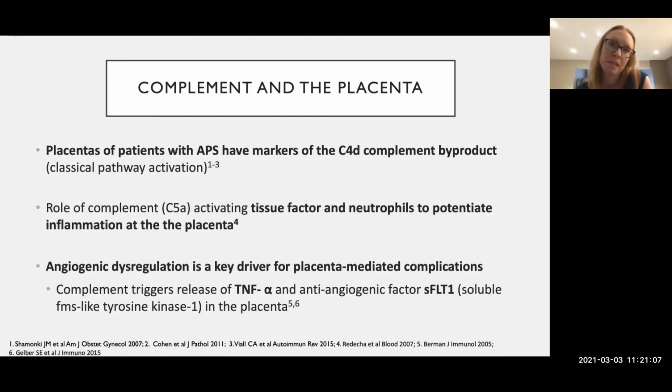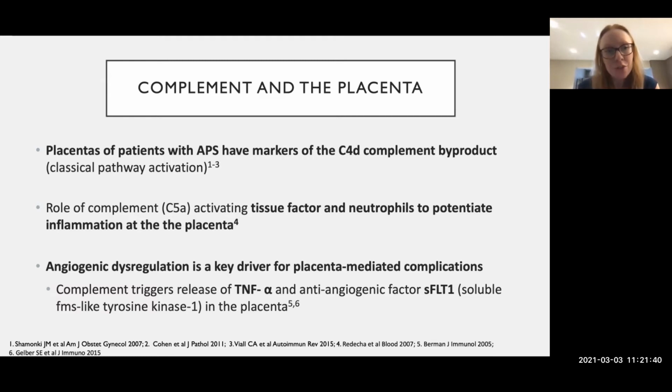What about from the obstetric side? We have seen that placentas of patients with APS have markers primarily of C4d, a byproduct of the classical pathway activation. This has been in many studies, including summaries in a meta-analysis, and that there is a role of complement in activating especially neutrophils and tissue factor at the level of the placenta to drive and potentiate inflammation.